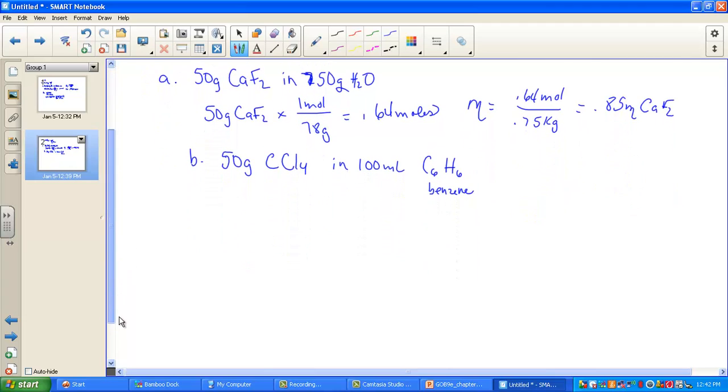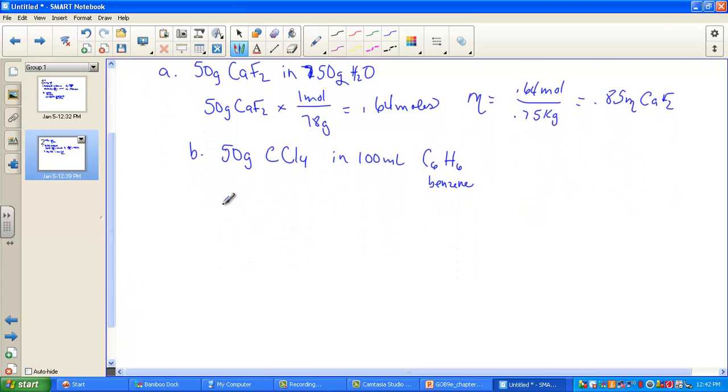Alrighty, so at this point, we got a little mole map work to do. We have 50 grams of CCl4. We have to convert that into a mole. We need moles of solute, so I'll need to add a carbon tetrachloride molar mass, 12 plus 35.5 times 4, and I get a total mass of 154.